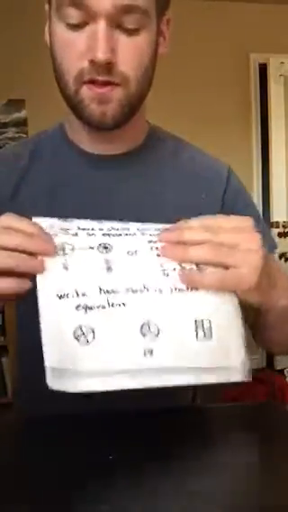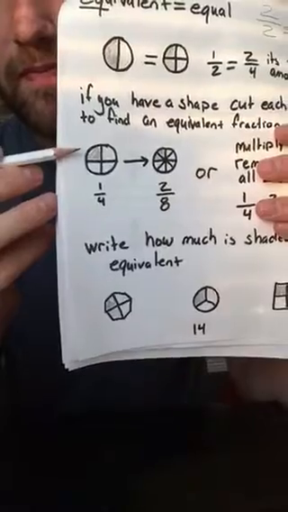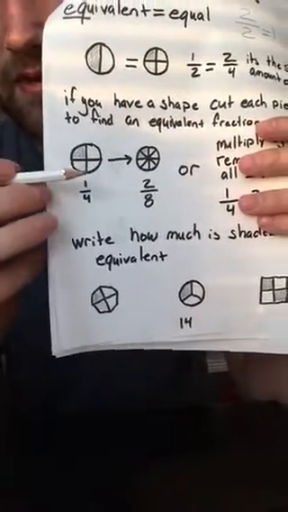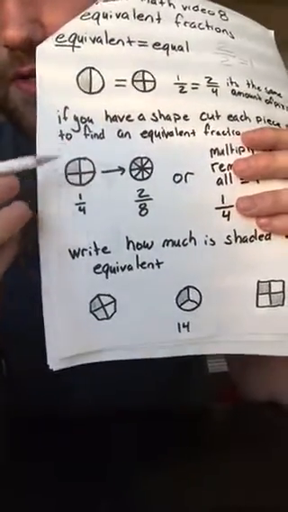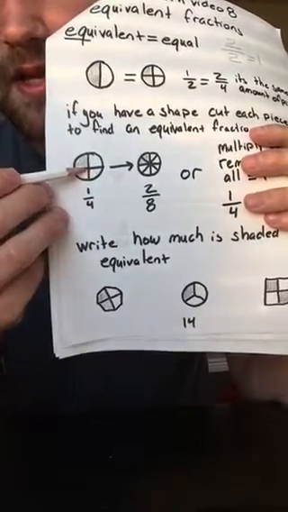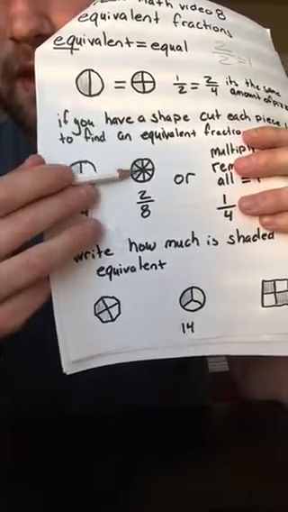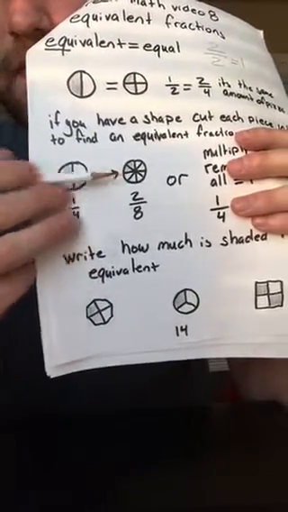And you kind of already saw me do one. So let's start right here. We have 1/4, and I say make an equivalent fraction. So all you're going to do is cut each piece in half. Now if I cut each piece in half, I will end up with 8 pieces.